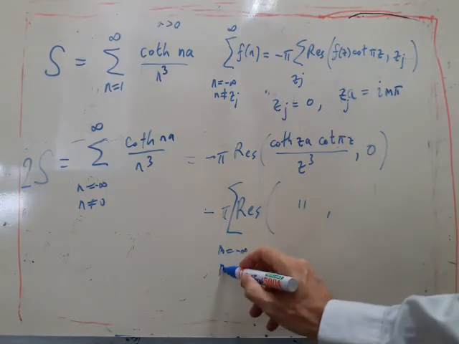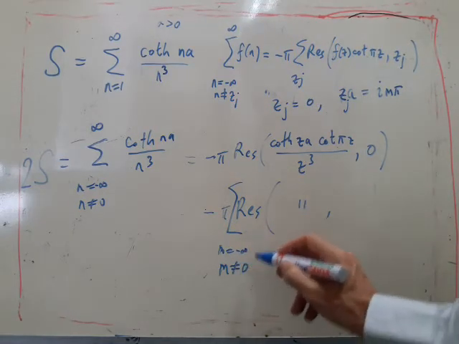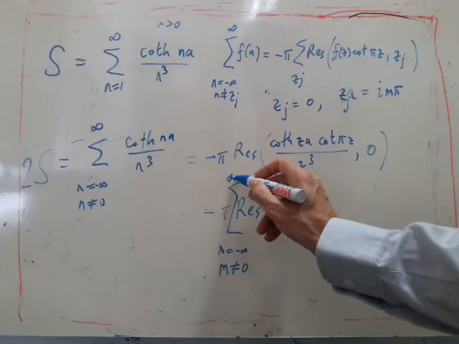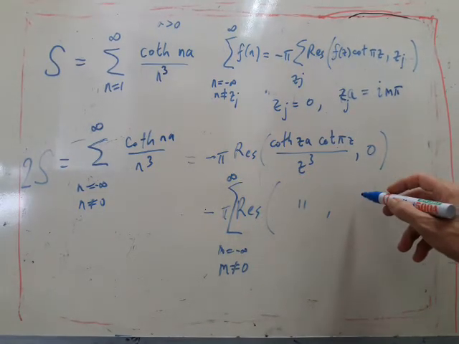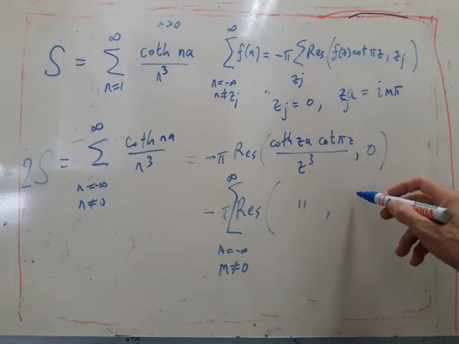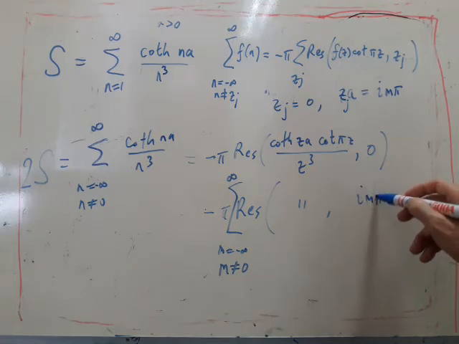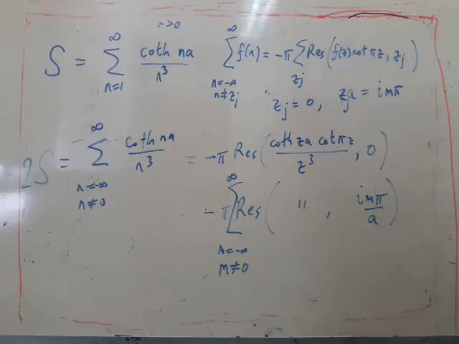So that this is, so it's m not equal to 0 and m going from minus infinity up to infinity of, zj equals i n pi over a.